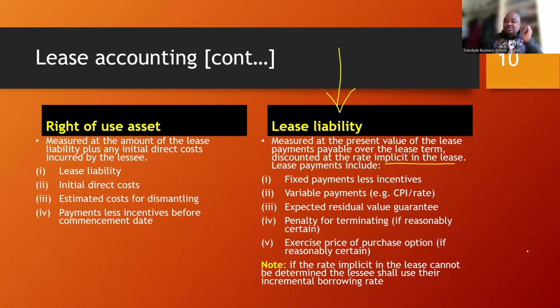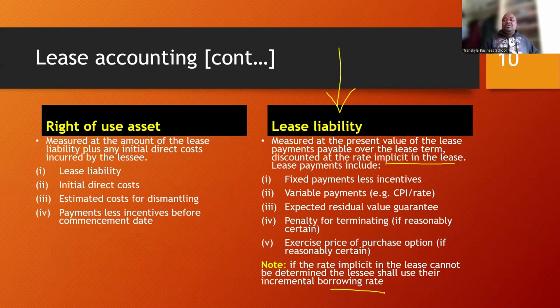Am I talking to somebody? If they want to borrow money, what rate of interest are they going to be charged by the bankers to buy a similar asset? That's the incremental borrowing rate of the lessee. Is that clear?